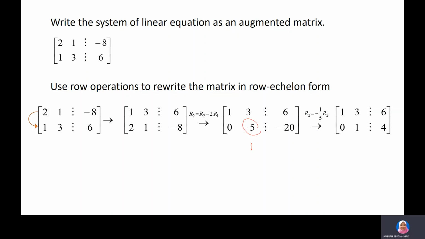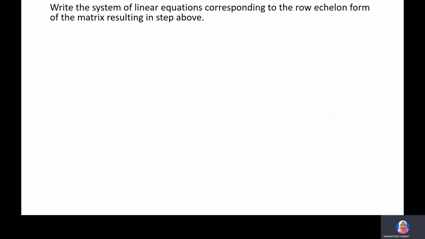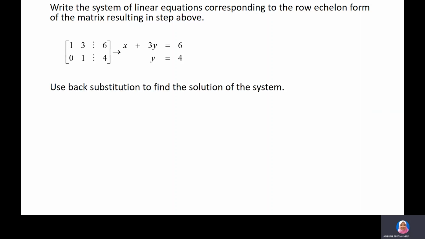Since we already have the diagonal equal to 1, we can write the system of linear equations corresponding to the row echelon form of the matrix, and the result is as follows: x plus 3y equal to 6, and y equal to 4. Then use back substitution to find the solution of the system.